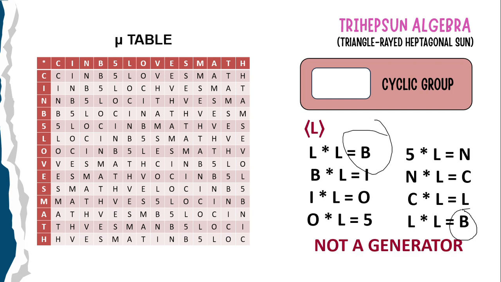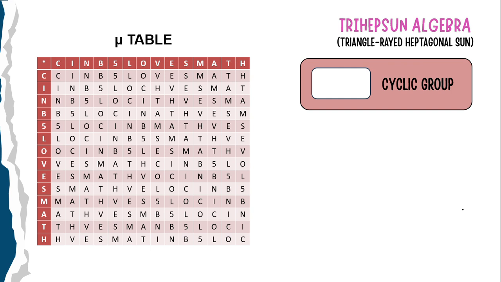This is not a generator since the elements being generated are not all the elements on the group table. So L generates B, I, O, 5, N, C, and L.